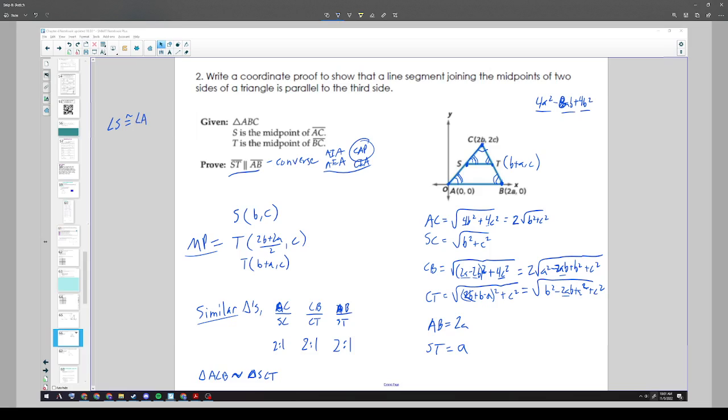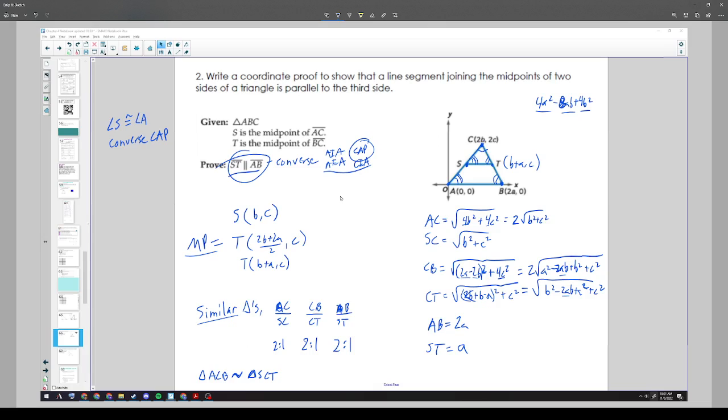And then finally, we could say converse of corresponding angle postulate to prove that the lines are parallel, because we have 2 corresponding angles and they are congruent because the triangles are similar. Again, I don't know if that's how that was intended to be proven. I hadn't looked at this problem ahead of time, but it seems like that's a valid way of approaching it.